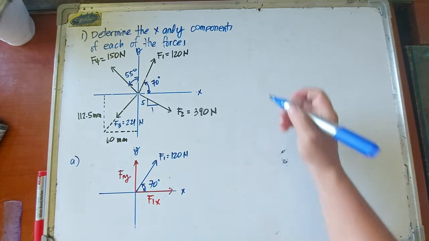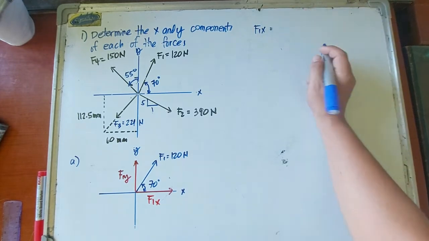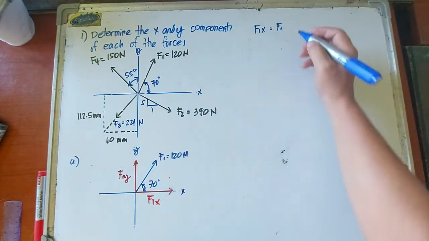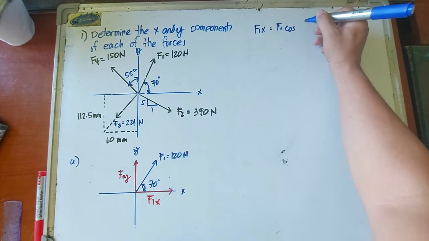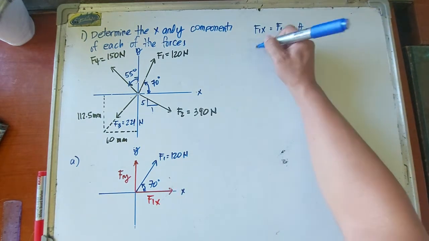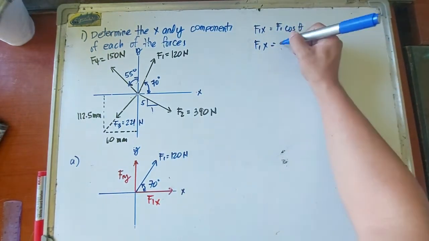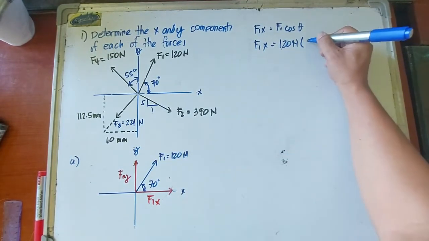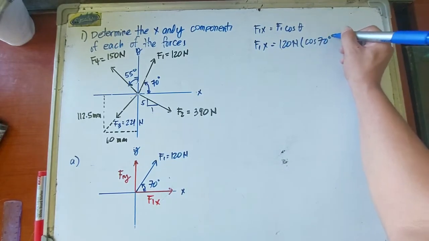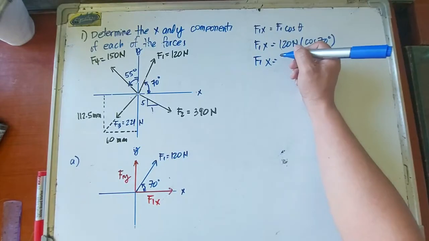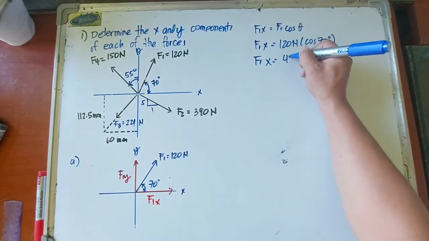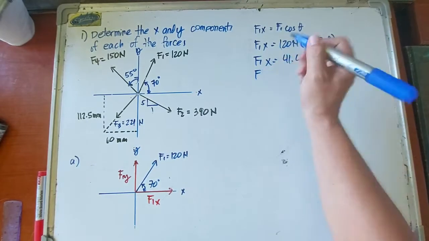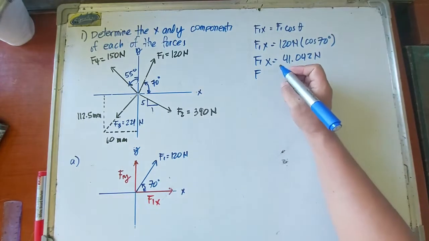F1x is equal to F1, adjacent side, that's cosine of the angle theta. In this case, we have 70 degrees. So F1 is 120 newtons times cosine of 70. So F1x is equal to 41.042 newtons.